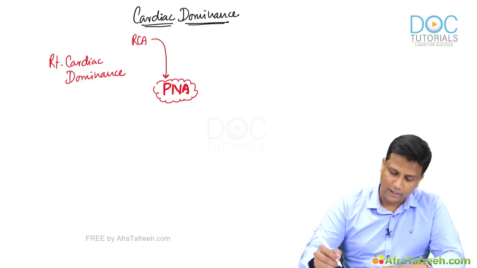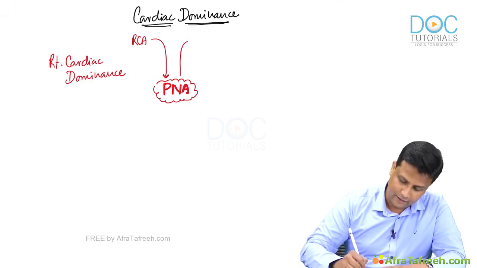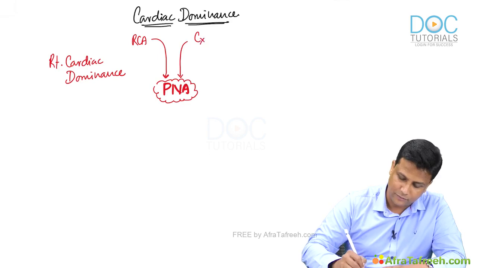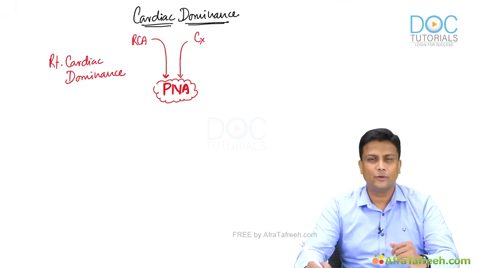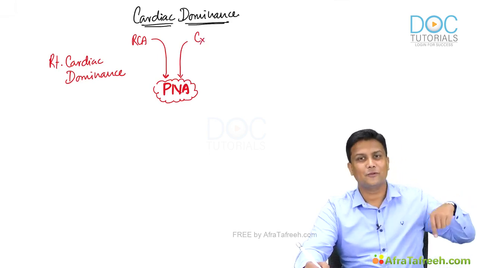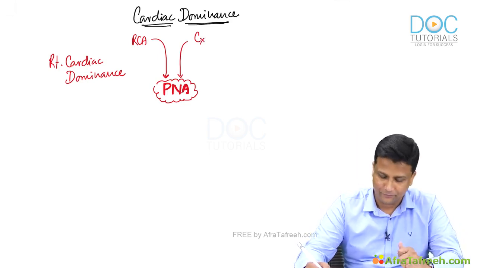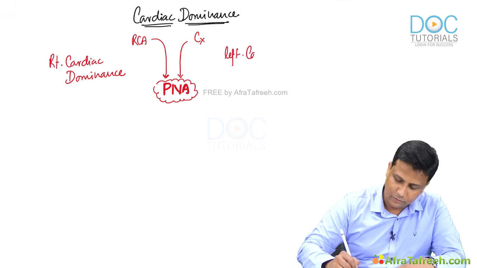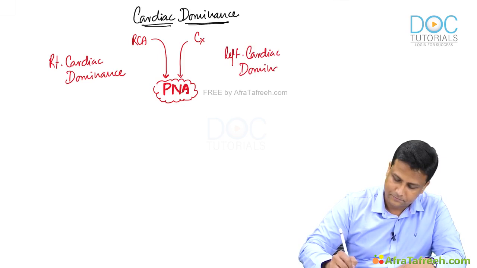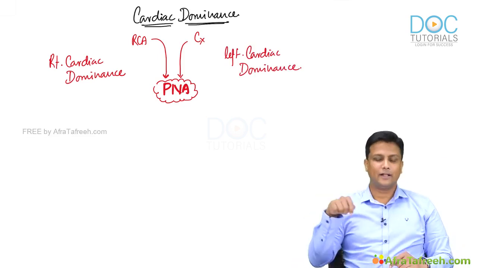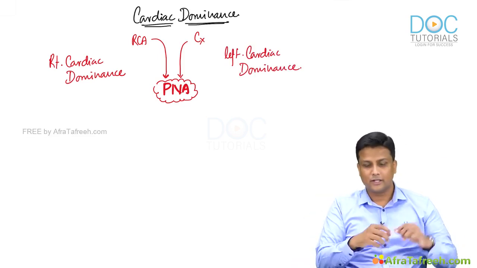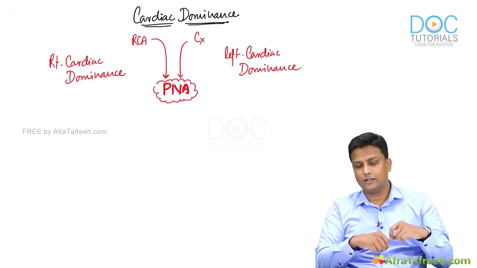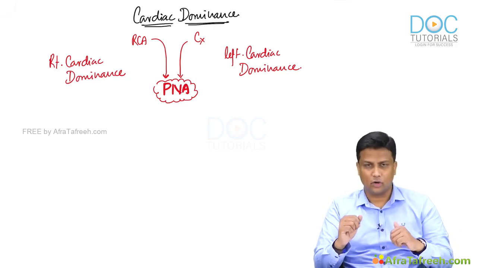But in some people, the circumflex artery which is going behind will give rise to PIVA. Just now I have shown you in the diagram, the circumflex artery going behind will give rise to PIVA. And obviously it will be said to be left cardiac dominance. So if the right coronary artery goes back and gives PIVA, right cardiac dominance. If the circumflex artery goes back and gives the PIVA, then it is left cardiac dominance.